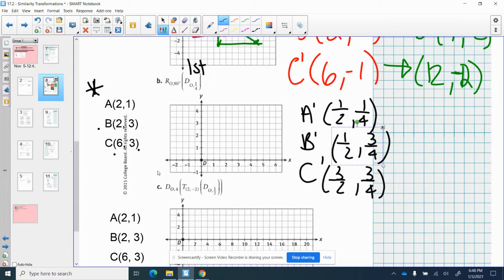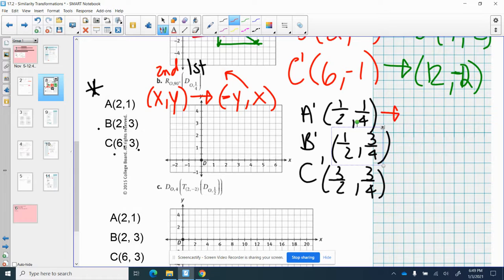Okay? Now this next part requires us to then do a rotation 90 degrees counterclockwise, right? Which means what we would have to do is take our points and flip-flop x and y, and the new x value is negated.